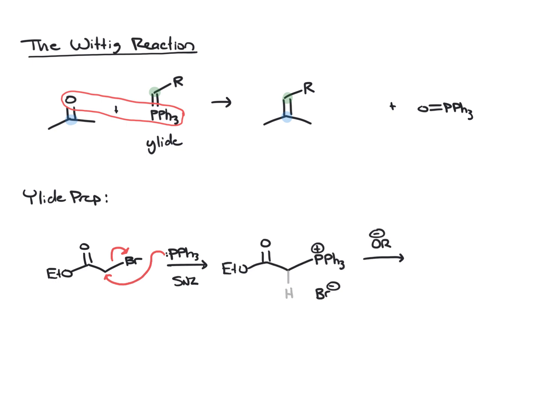This proton, even without the ester, is especially acidic because the neighboring atom has a positive charge. So the base will come and take this proton, and that will push these electrons onto the carbon as a lone pair. So here's what we get.